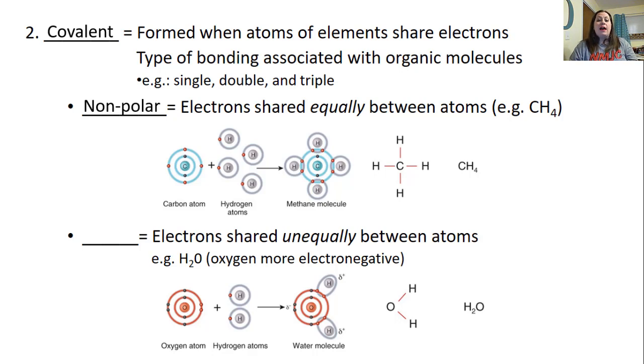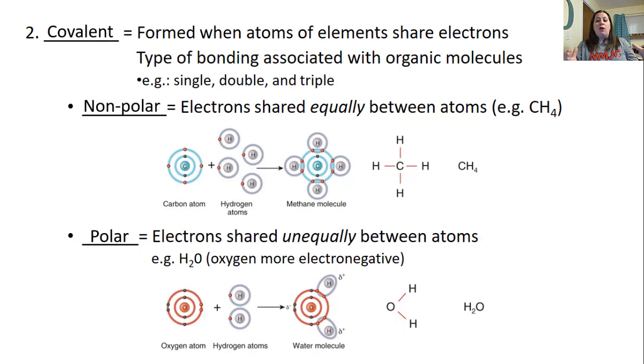If the sharing is unequal, this is known as a polar covalent bond. This is going to be what we see with water, H2O. Oxygen is larger than the hydrogens, and so because of this, it pulls the electrons more often. So in my example of the year, instead of spending 6 months with oxygen and 6 months with hydrogen, it's now spending 9 months with oxygen and only 3 months with hydrogen.